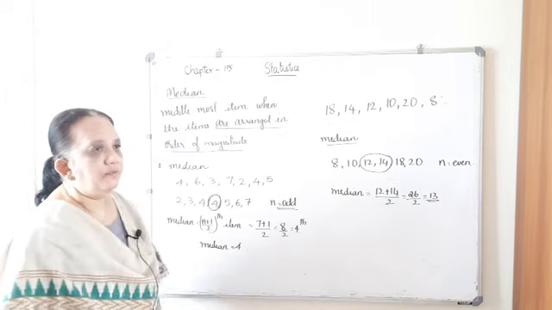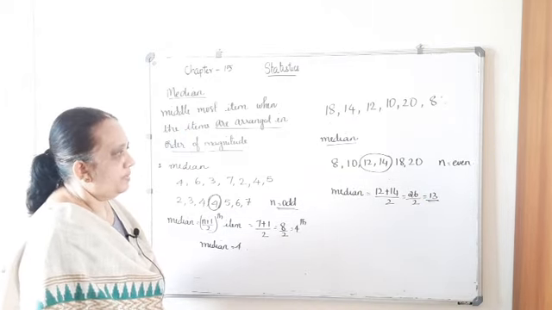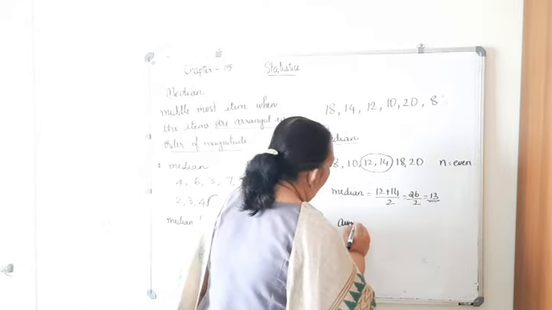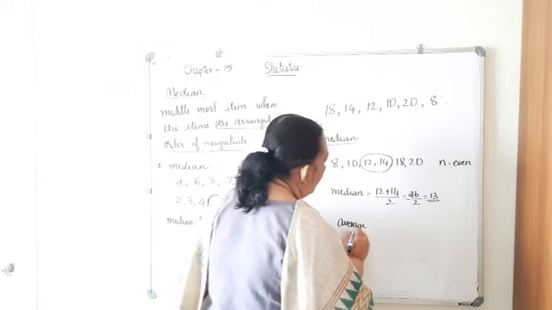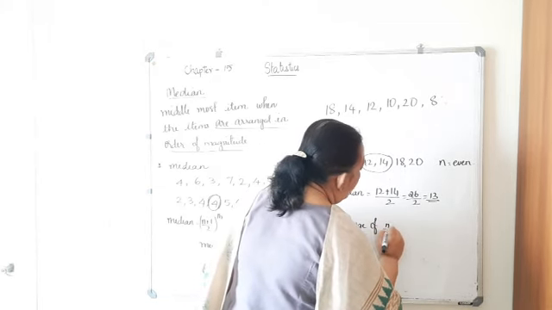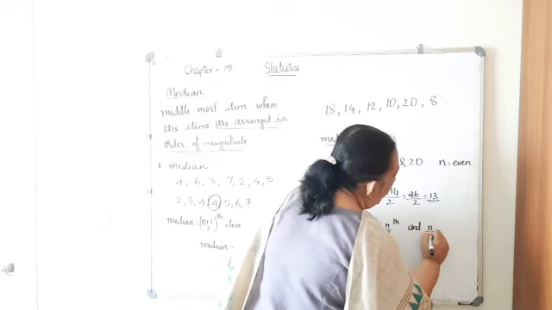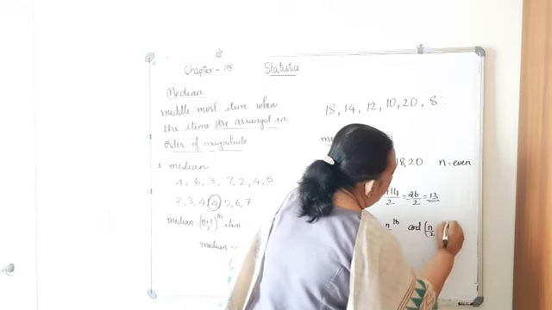Median will be the average of the middle two items. Formula wise, it is the average of the n by 2th and n by 2 plus 1th item.